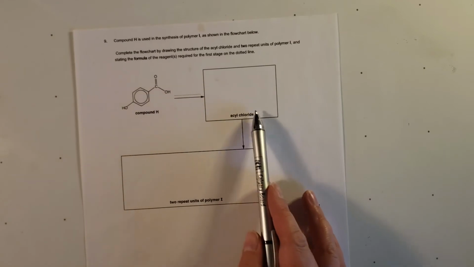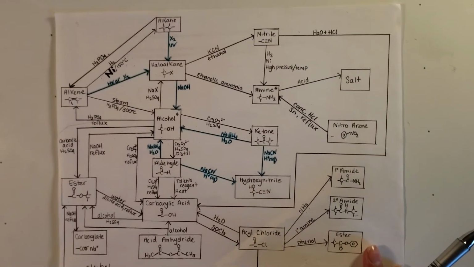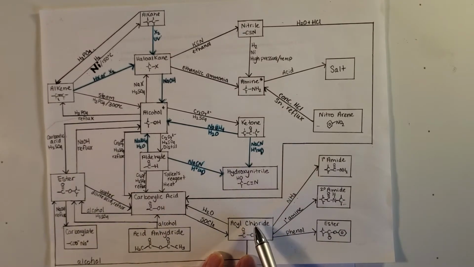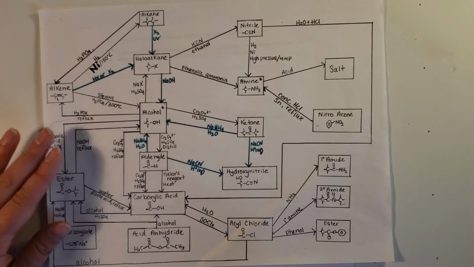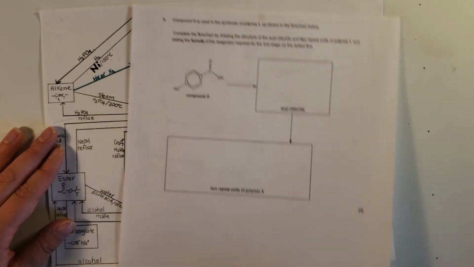All right, we're going to make an acyl chloride. So I'm going to go back to my map. Hopefully you've drawn it out. Let's take a look at it there. Acyl chloride. And let's look at the question again. We're making an acyl chloride.